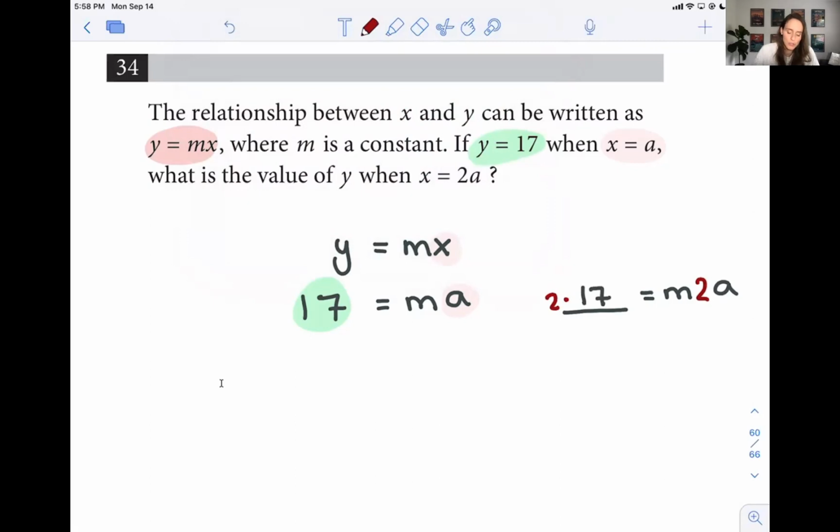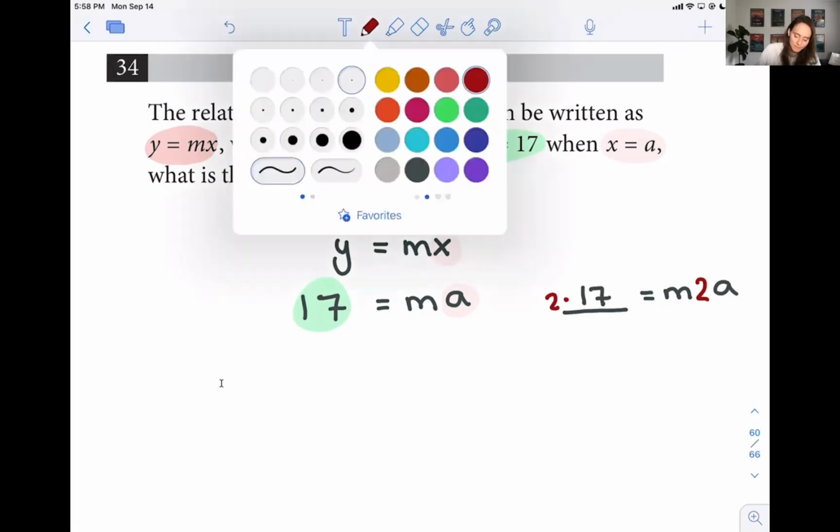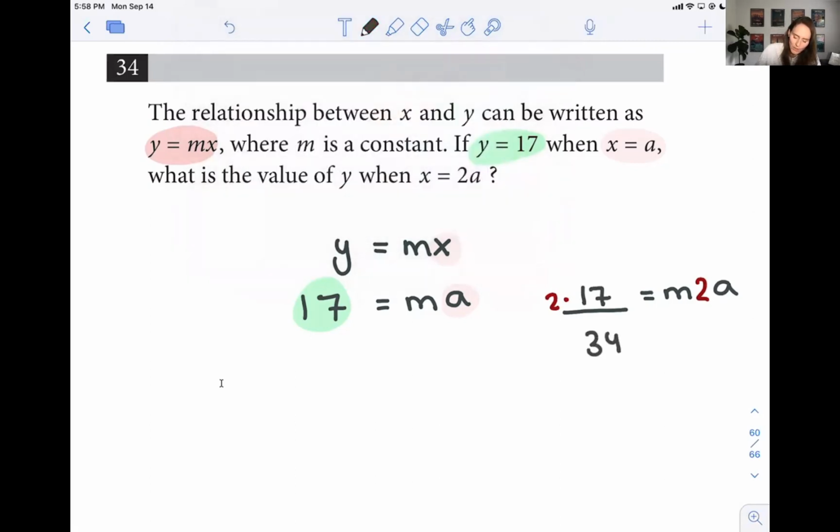So I have 2 times 17, or 34, equals m times 2a. We'll just put a little multiplication symbol in there. So what is the value of y when x equals 2a? Well, it is just 34. That's it.